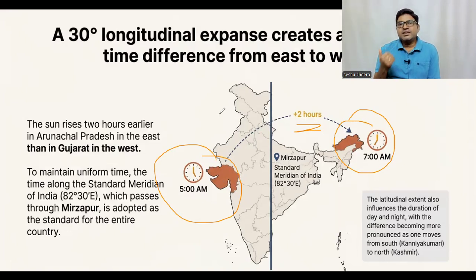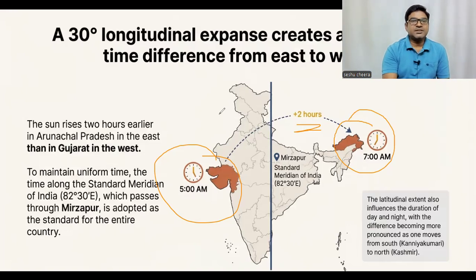The main thing here is it has 30 degrees of longitude, which means it starts at 68 degrees and goes till 97 degrees, I'm sorry. Let me make a note of this so that it reduces the confusion. Even I am getting confused. So I request you to make a note too if possible.